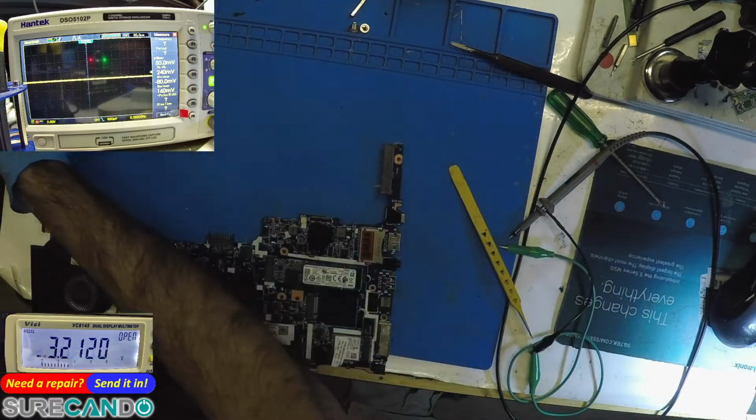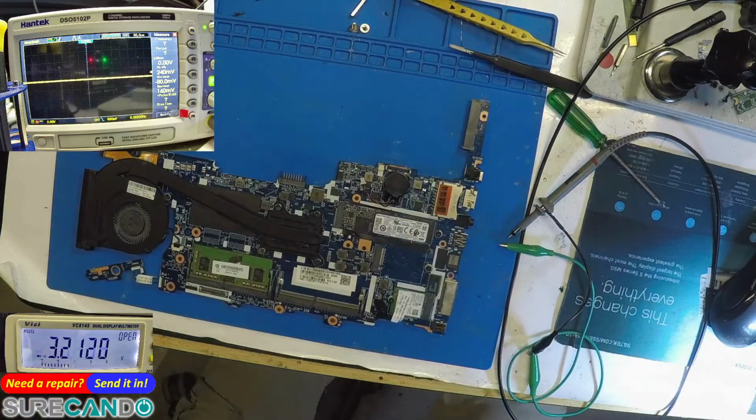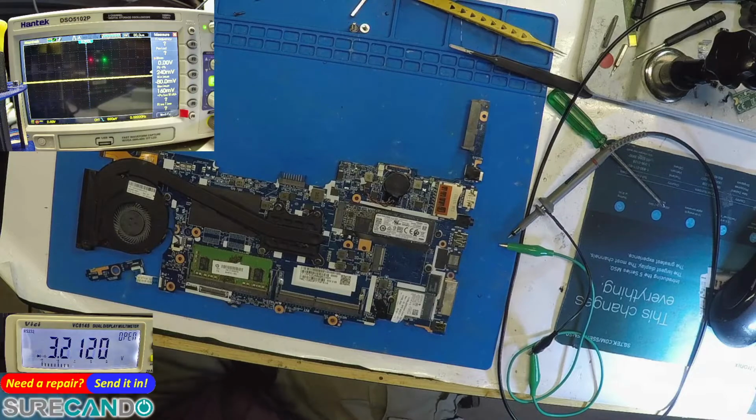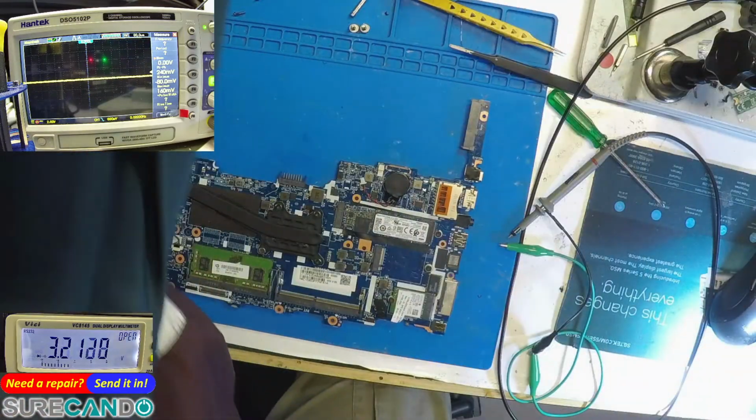So let's check if this board is kind of working or not. Let's make it more advanced. Let's take it up a notch.